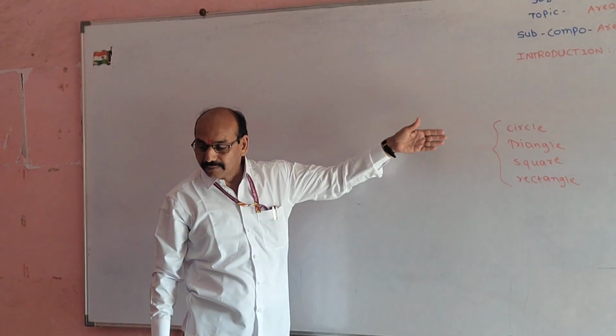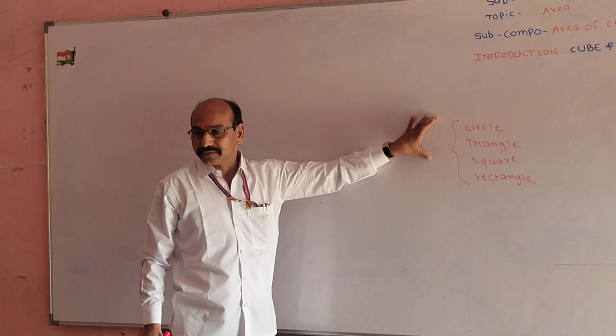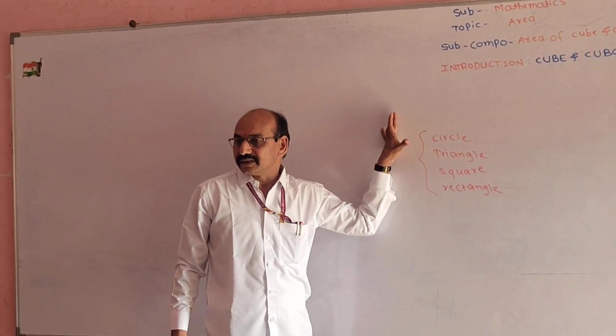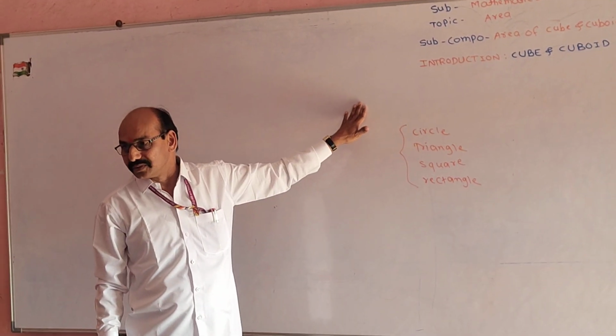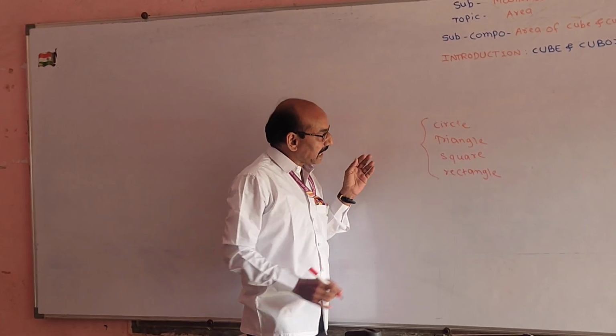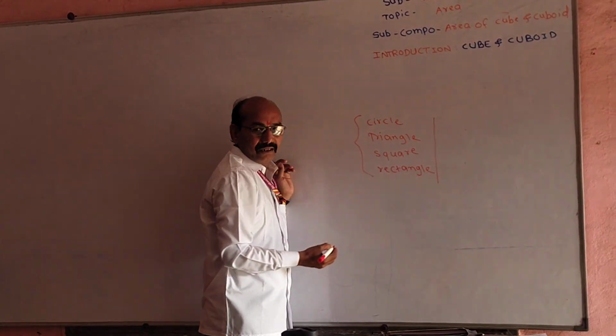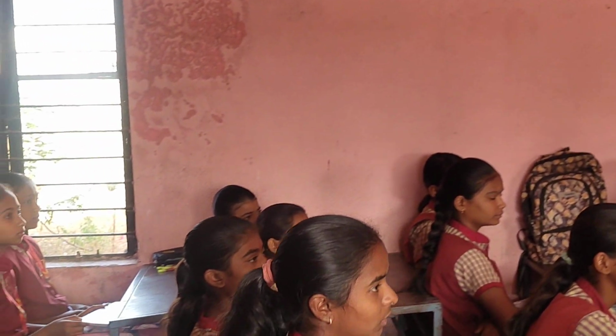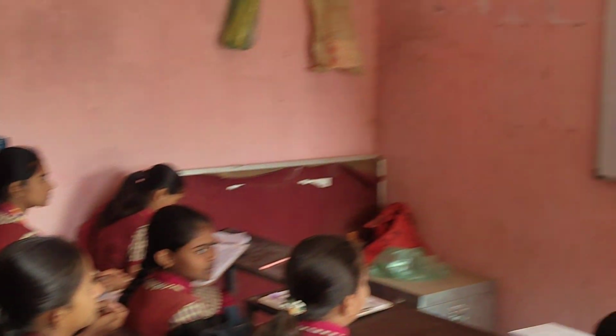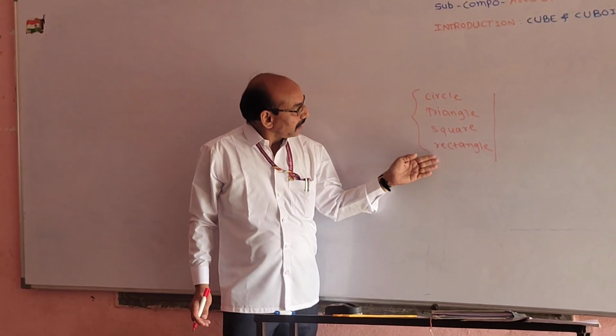Out of these shapes, some are two-dimensional figures and some are three-dimensional objects. Which of these are the two-dimensional figures? We have been given four shapes: circle, triangle, square, and rectangle.